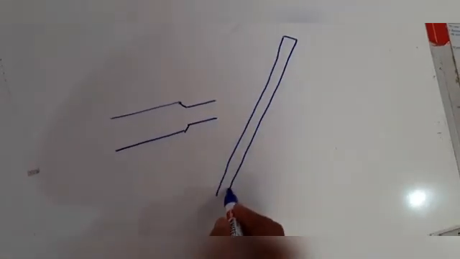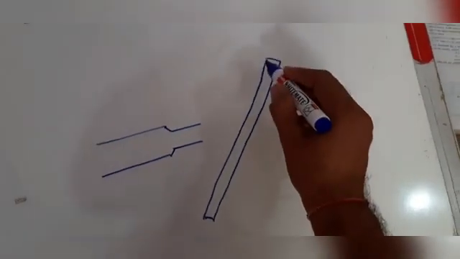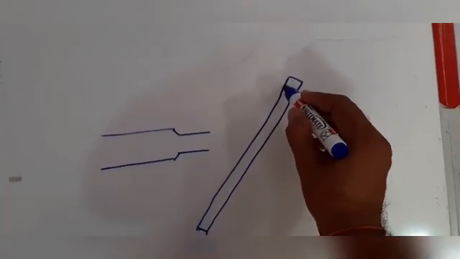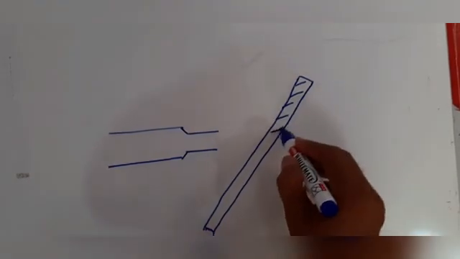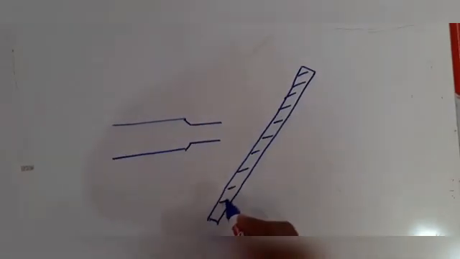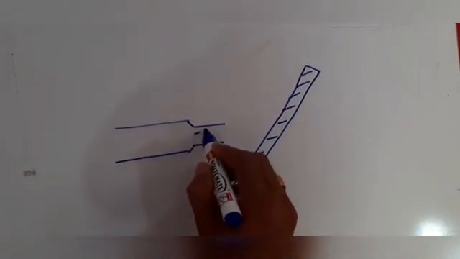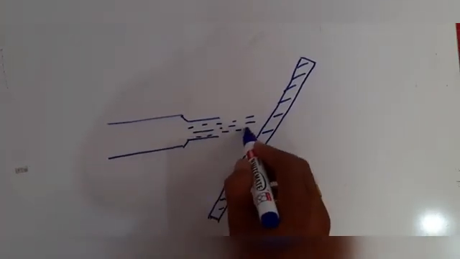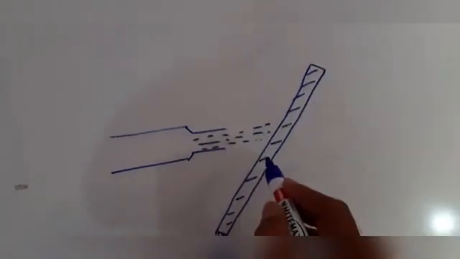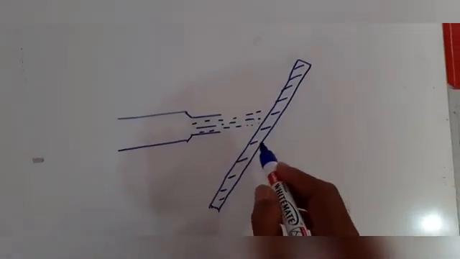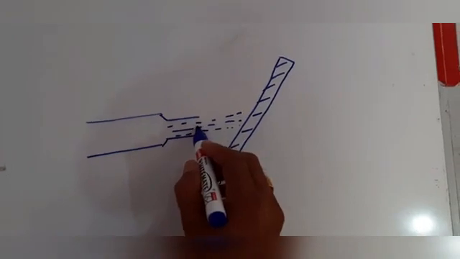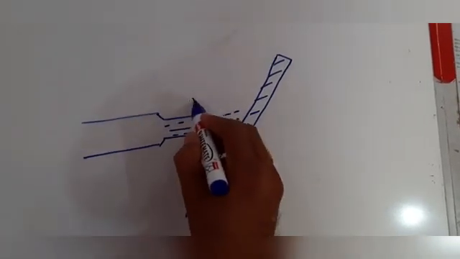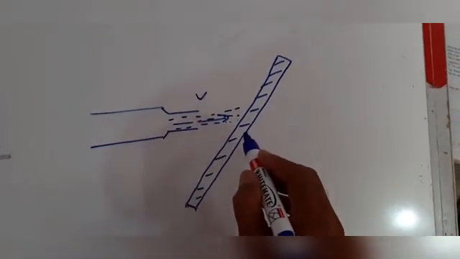This is the inclined plate fixed here, and the jet is coming from here with a velocity v meter per second.